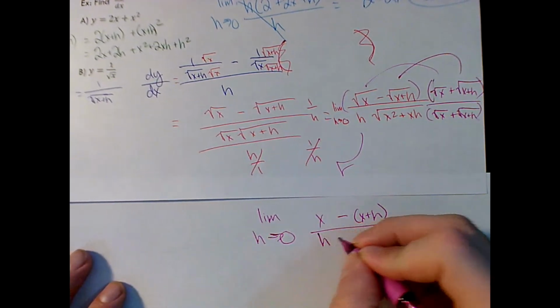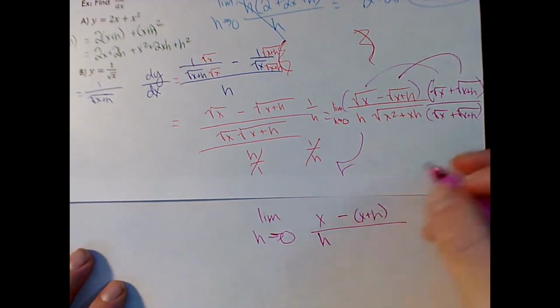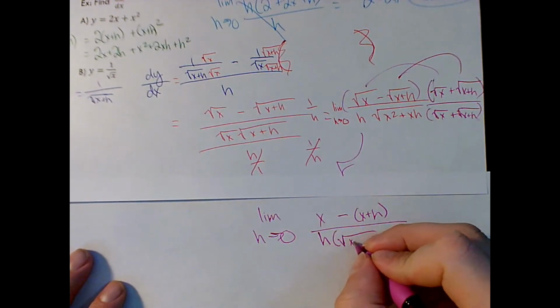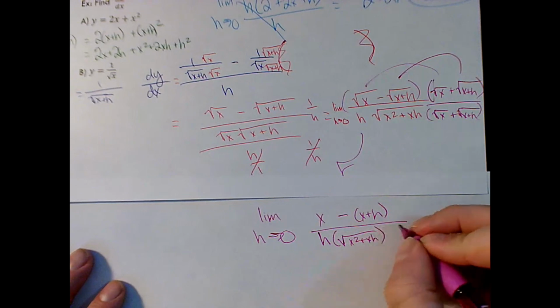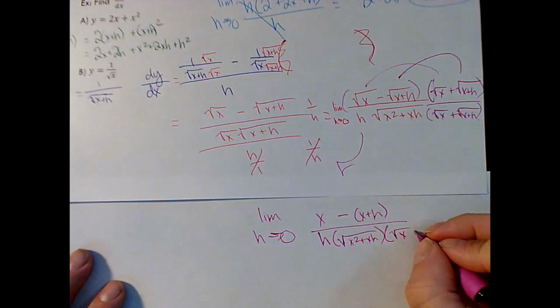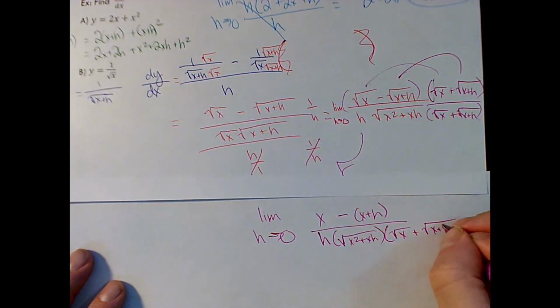Over h times, and I'm not gonna bother doing anything, root x squared plus xh times root x plus root x plus h.